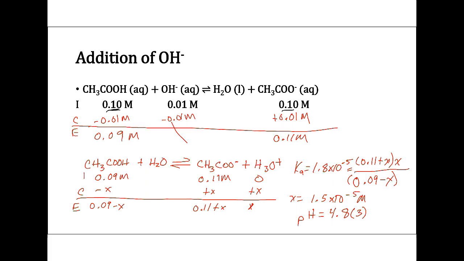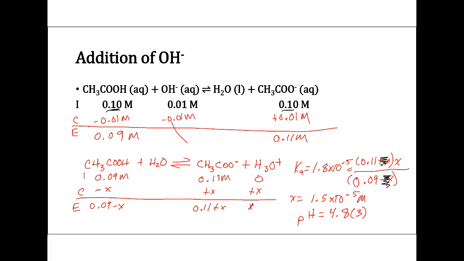Whenever we look at the initial concentrations of our acetic acid and our acetate, they're on the order of 10 to the negative first or 10 to the negative second. So we're going to go ahead and ignore this expression right here. We can ignore that x. So whenever we go through and solve for x, we find that the value is 1.5 times 10 to the negative fifth, and the pH is equal to 4.8, and then if we add that next significant digit, it's 4.83.